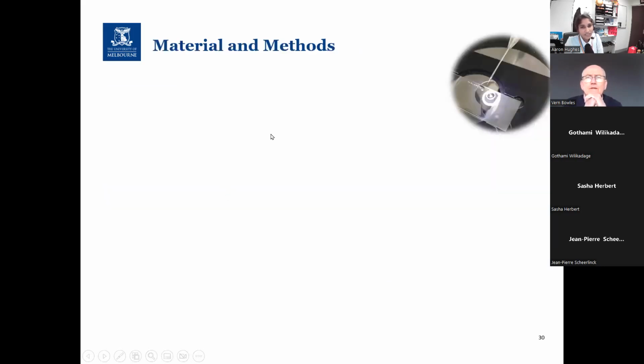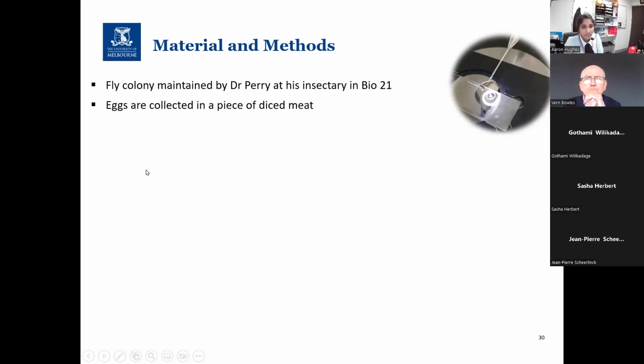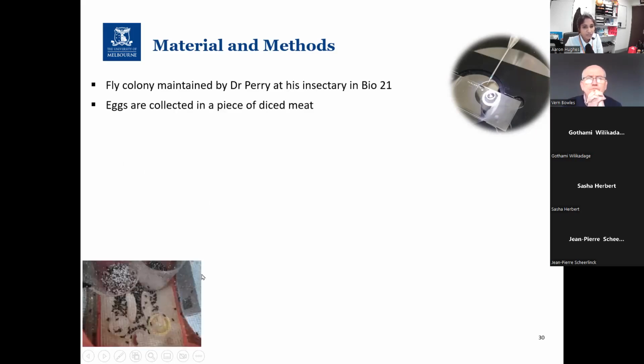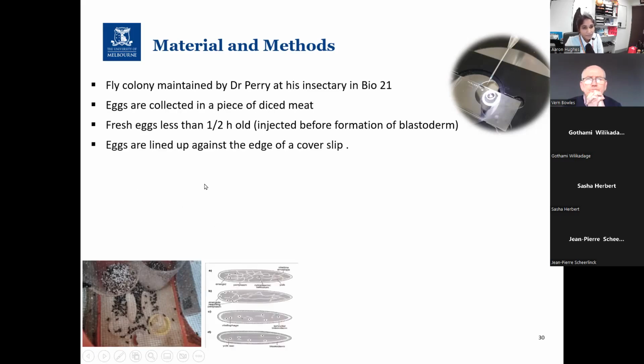And these are the materials and methods that I'm going to use. I use a fly colony maintained by Dr. Perry at his insectary in Bio21. First, I have to collect eggs in a piece of diced meat. Usually fresh eggs, which are less than half an hour old, are used for injection.